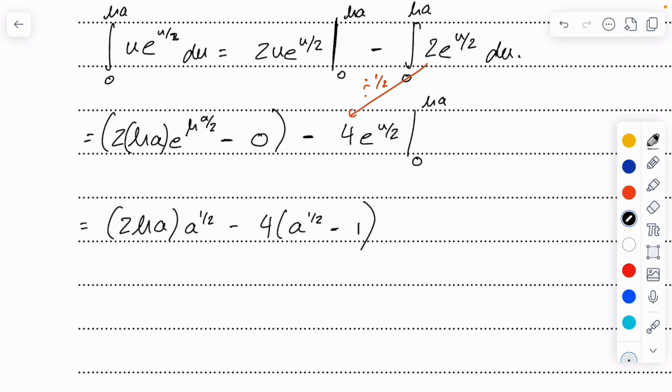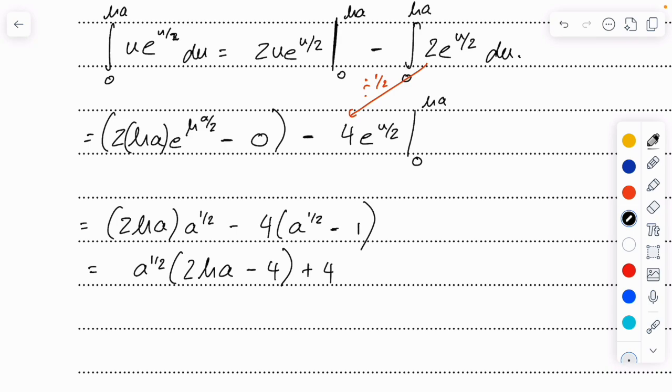We can say it's going to equal a to the half times (2 ln a minus 4) plus 4. If we expand and factorize, that's what we'll get. I'm going a bit quick, but that's what we'll get.